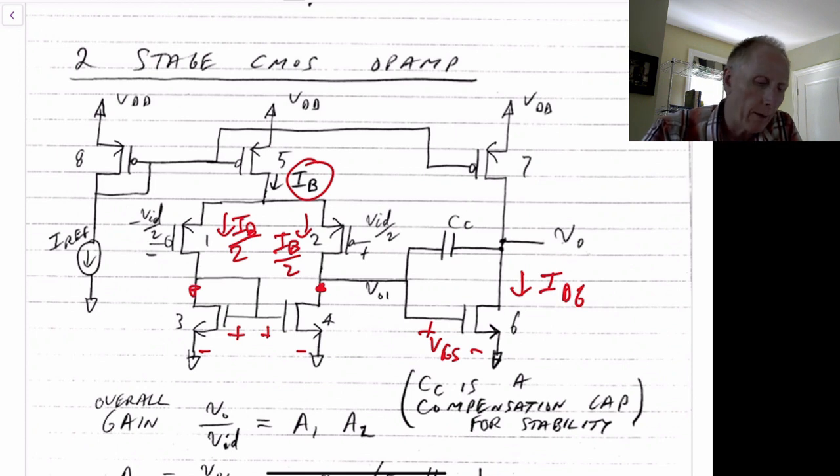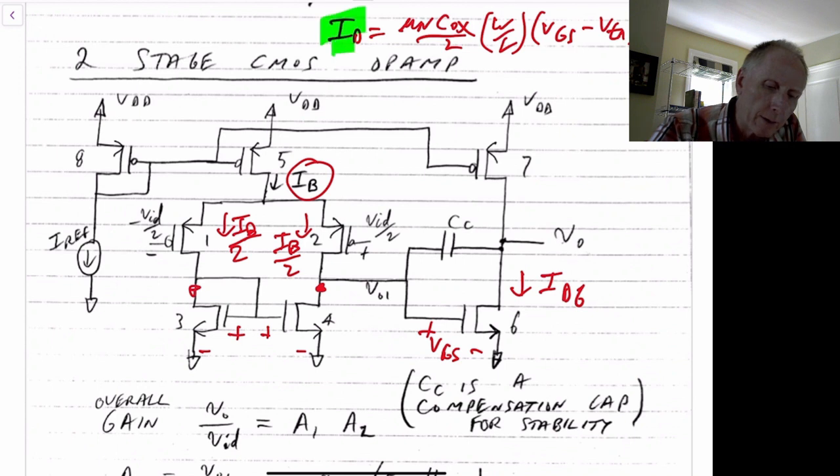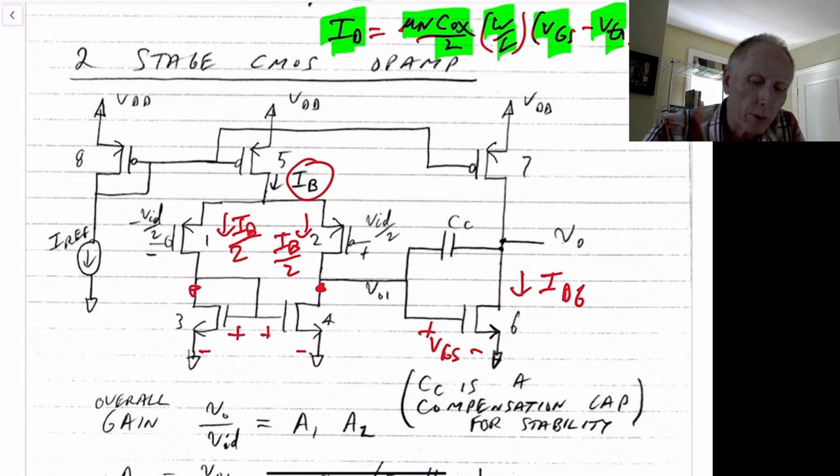Again, if we look at the equation for a transistor, ID is equal to mu n Cox over 2, width over length, times VGS minus VTN squared, times 1 plus lambda VDS. If the IDs are the same, the VGSs are the same, the VTNs are the same, the width over length is the same, all of these are the same, and lambdas are the same, then the only way that this can be true is if the VDSs are also the same.